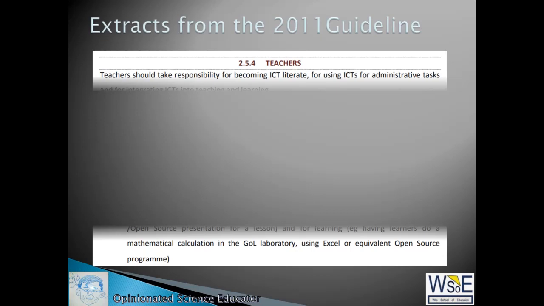But there were also some challenges with phase 2, and these included the following. Firstly, teachers in the classroom seem to only use the basic functionalities of the smartboard. Basically, it's a fancy blackboard.